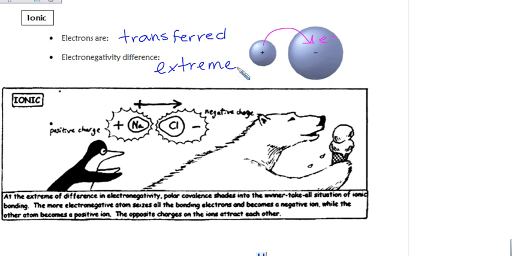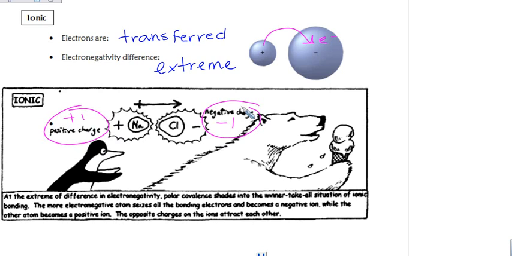And again, sodium chloride is a great example, where the electron is totally transferred, and this charge is a full -1. It's not just partially negative. It's a full negative charge. We gained electrons, and the other side would be a full positive charge.